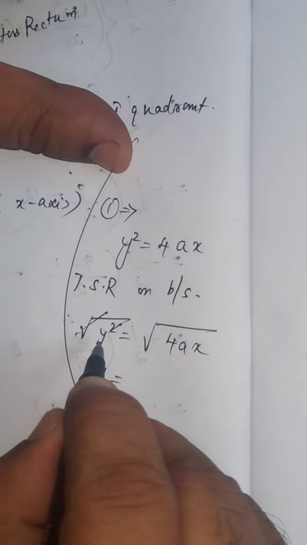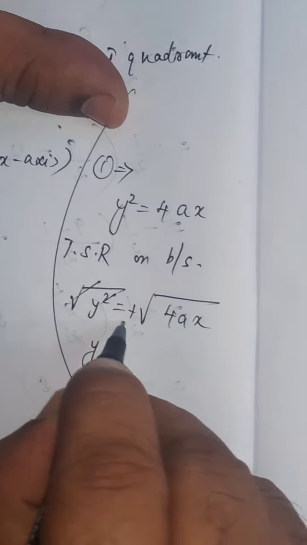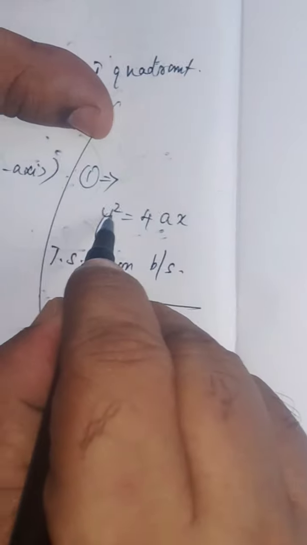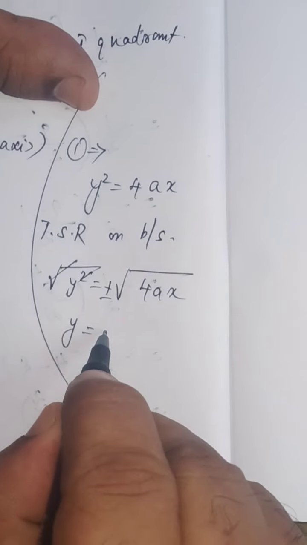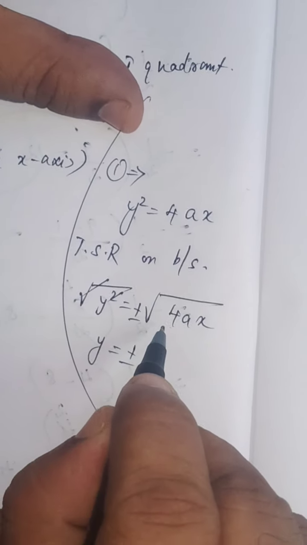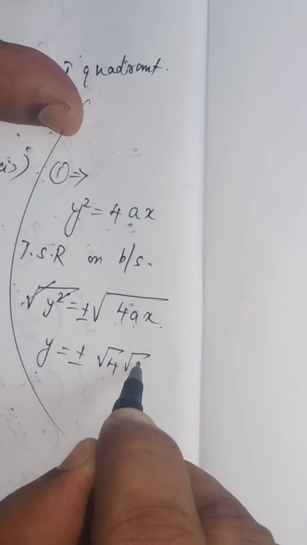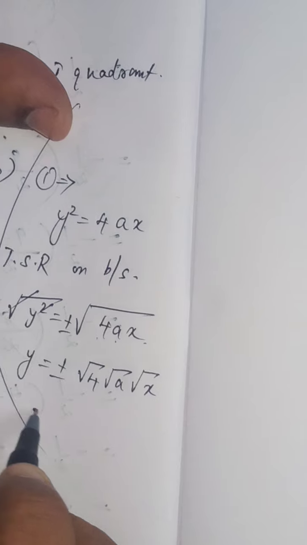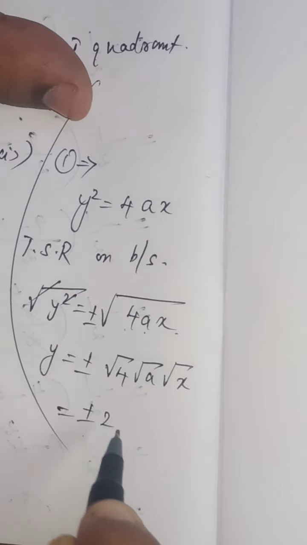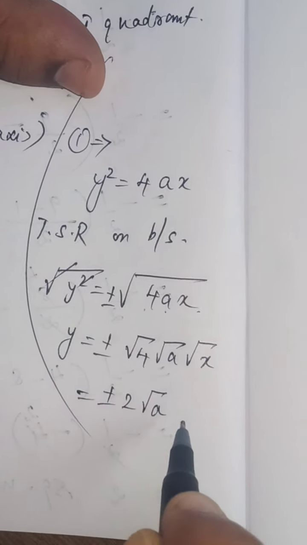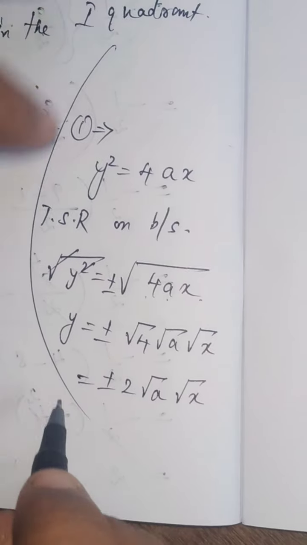Once you take the square root, you have to mention plus or minus because it is a quadratic equation. Plus or minus root 4 into root a into root x. Root 4 value is 2, root a write as it is, root x write as it is.